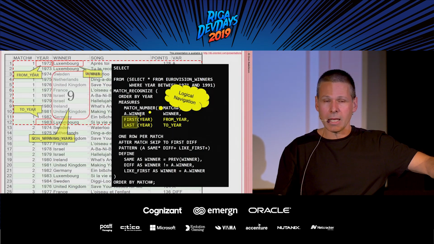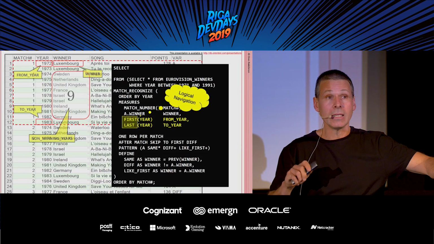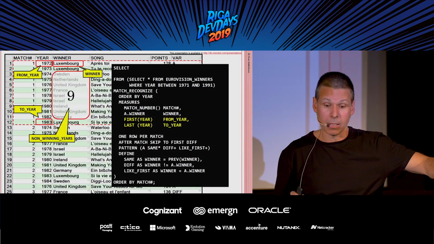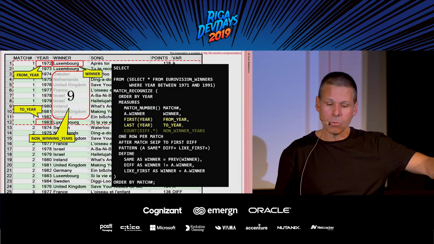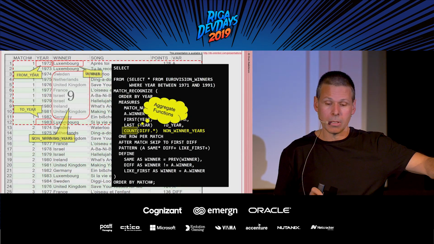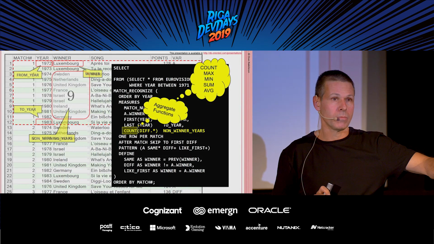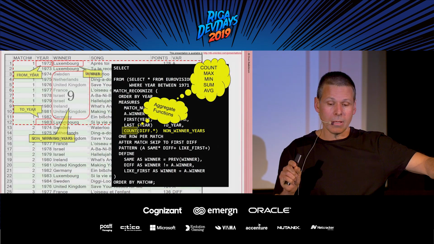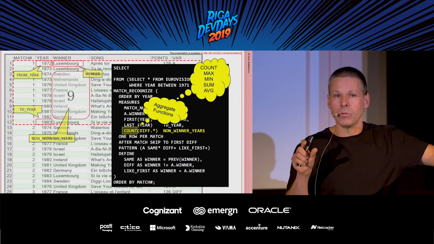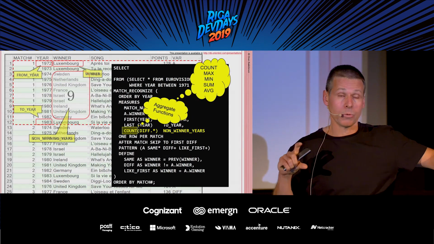And first and last are for navigation in a specific match, in the context of the match. And we can use aggregate functions, but only these 5, and we cannot use distinct. And note that the aggregation here is only on the rows in the current match.